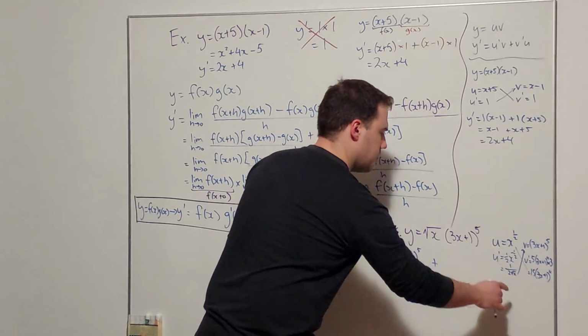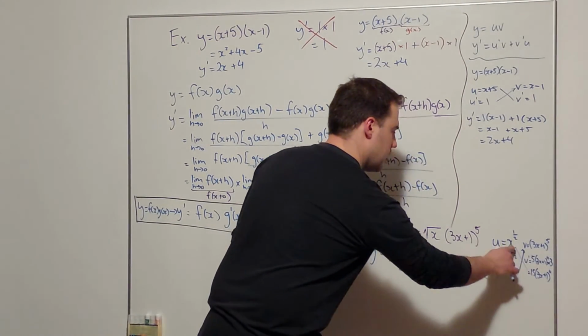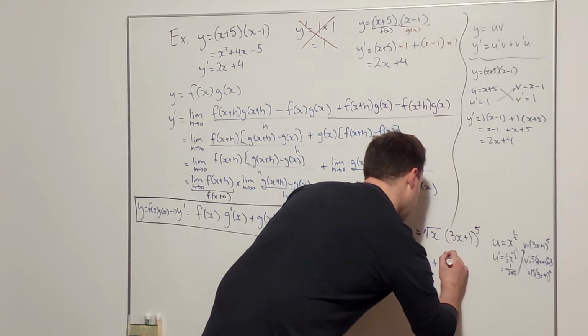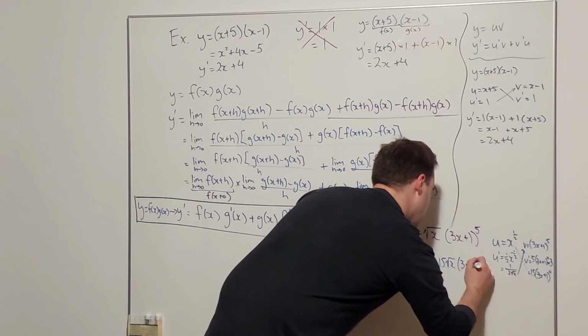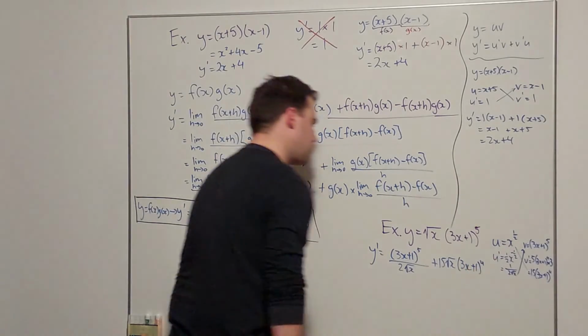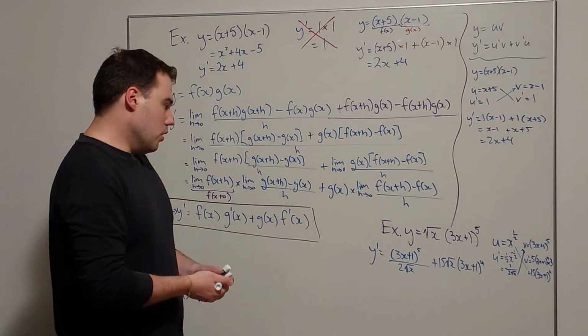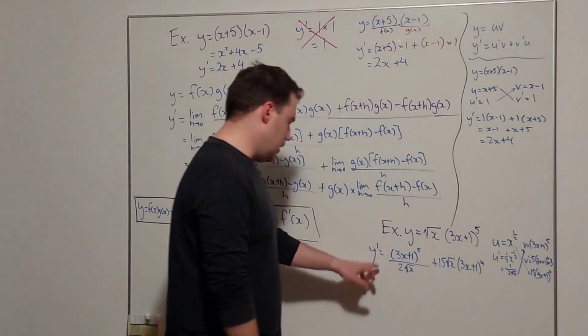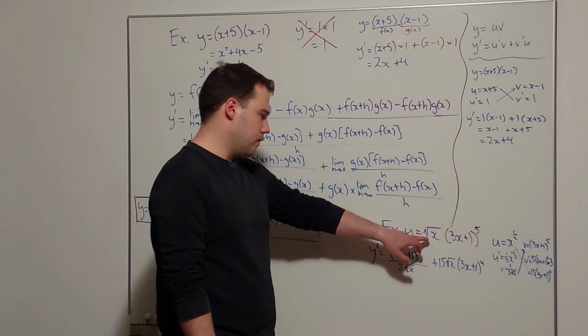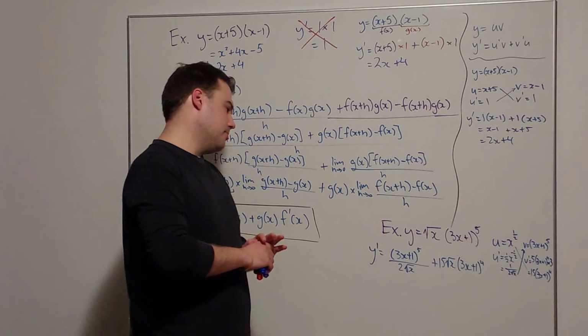So multiplying across here, we can have 15, maybe root x, and then 3x plus 1 to the 4. Okay, so this expression here is the derivative of this expression here.